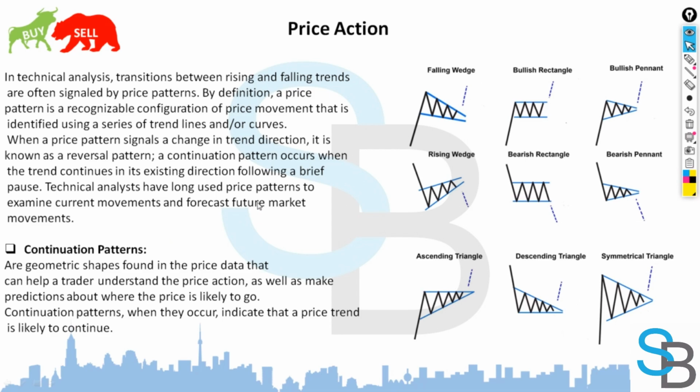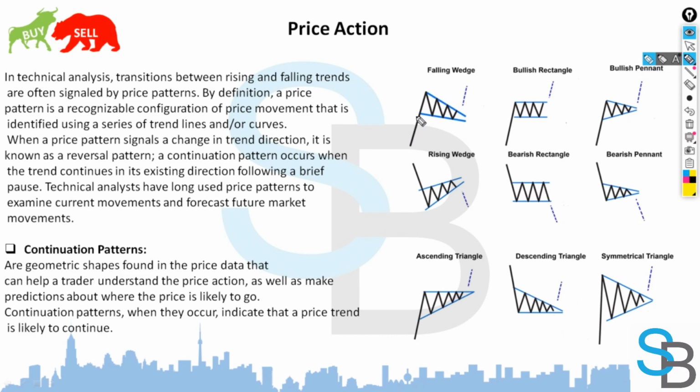So here in price action we have two points: the continuation patterns and the reversal patterns. The continuation patterns are generally a flag or a triangle. If we can draw a triangle in an uptrend, or a flag, this is a continuation pattern.